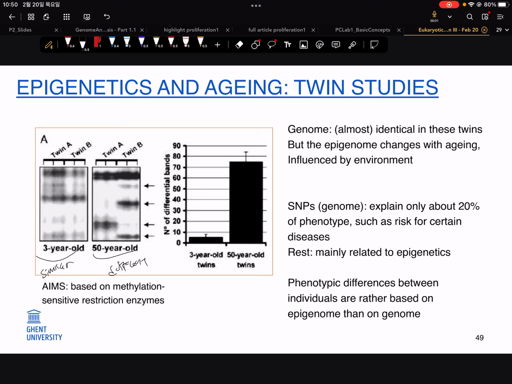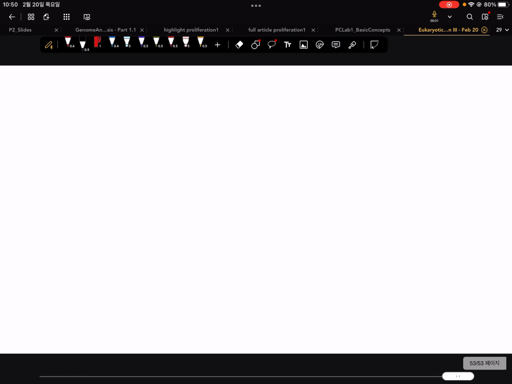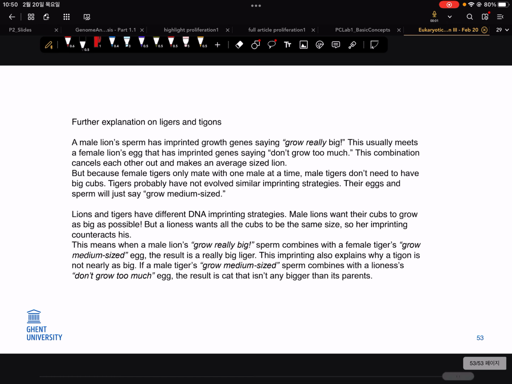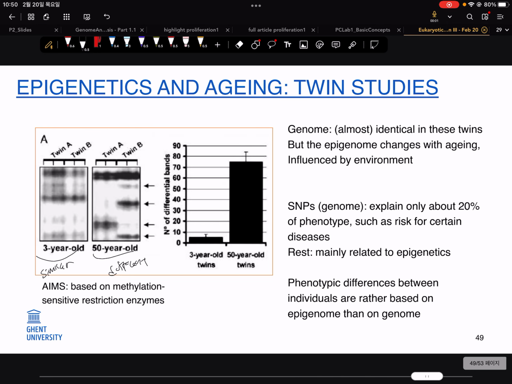So phenotypic differences between all of us here, yes, are based on genetic differences, but they are largely based on epigenetic differences between us. So the epigenome is almost 80% responsible. These are calculations, of course, estimates, so don't pinpoint me on those numbers. It's just so that you have an idea how important the epigenome is.